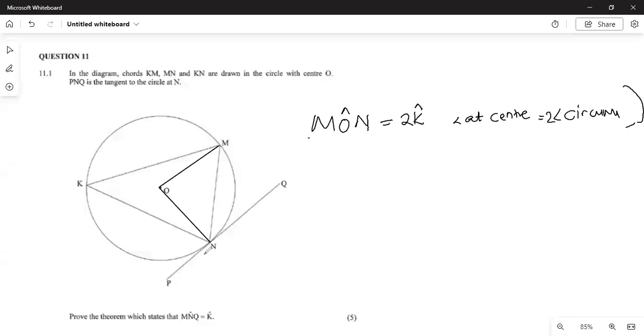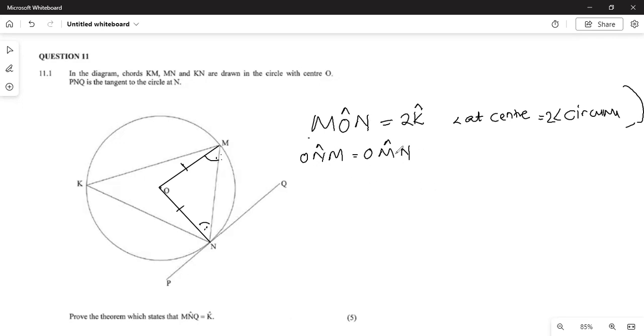Still focusing on the triangle we just made, we want to calculate these two angles. Because these two sides are equal, it would mean that those two angles should be equal. So we can say OMN is equal to ONM.